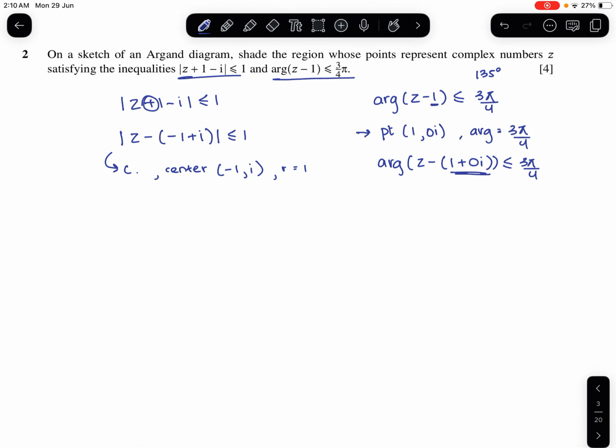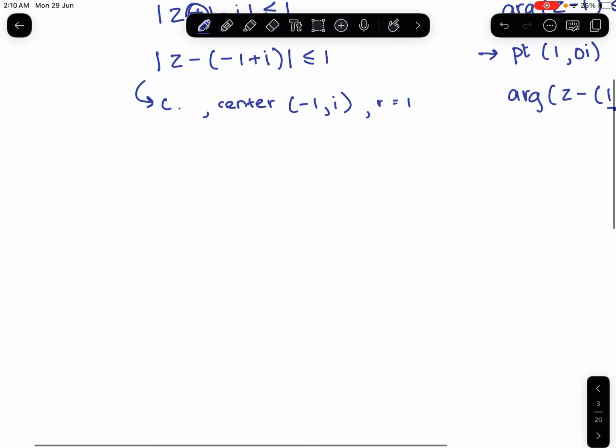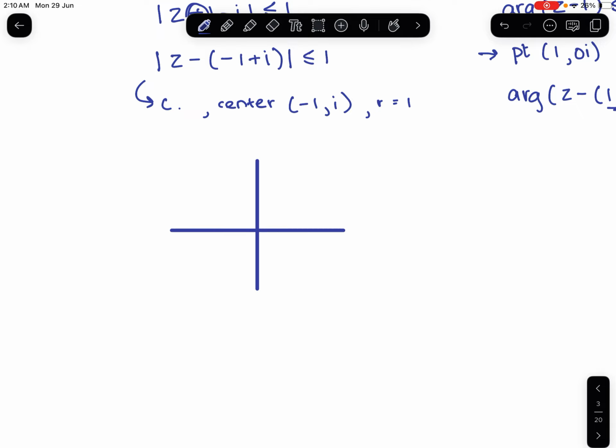Now, if I try to draw this first inequality, let's take a vertical axis and a horizontal axis. This is going to be my real axis and this will be the imaginary one. Minus 1 on the x-axis we could take here, and then i, that's positive i, so that's going to be here. So the point for these two is right here, and our radius is 1.